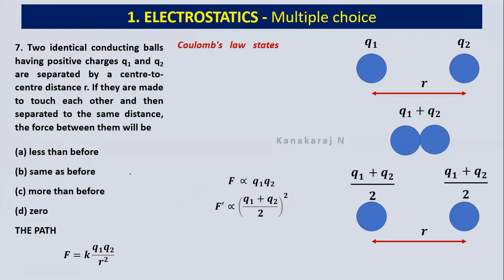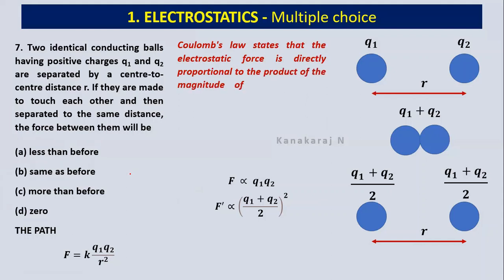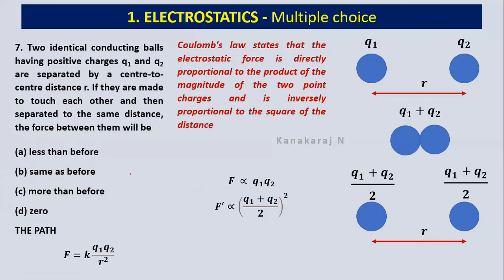Let us read Coulomb's law. Coulomb's law states that the electrostatic force is directly proportional to the product of the magnitude of the two point charges and is inversely proportional to the square of the distance between the two charges. This is represented by the formula F equals K Q1 Q2 by R square. In our formula, K and R square remain constant, so F is proportional to the product of the charges. In the first case, F is proportional to Q1 Q2.